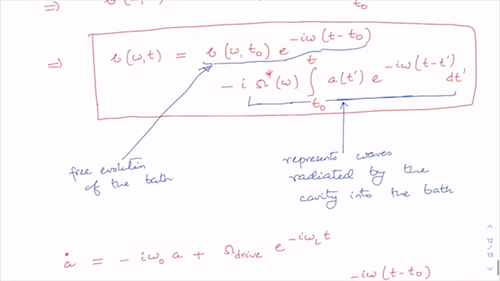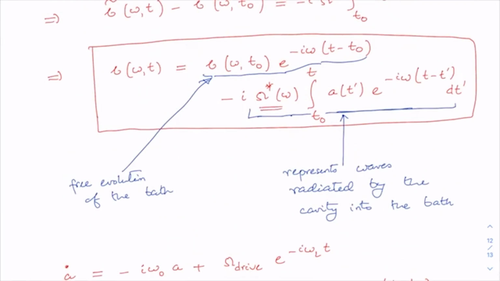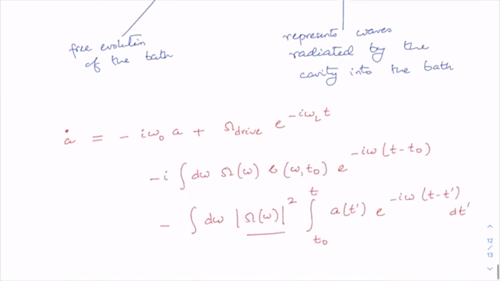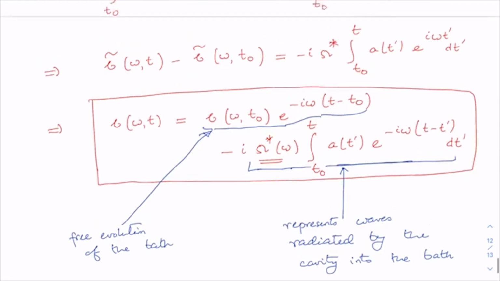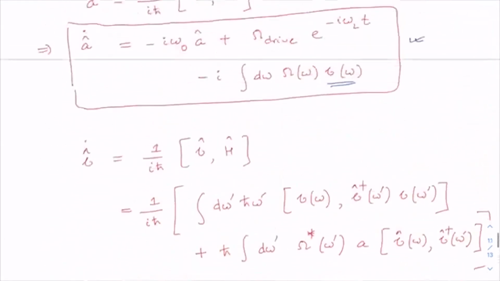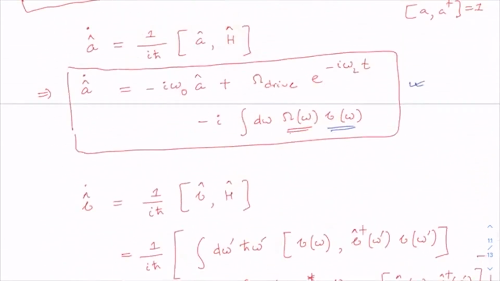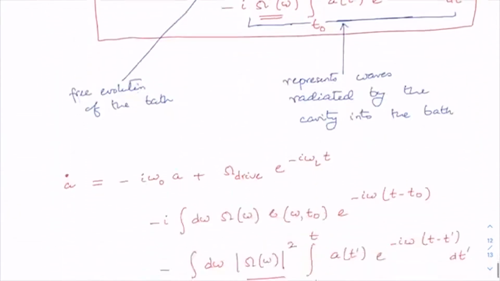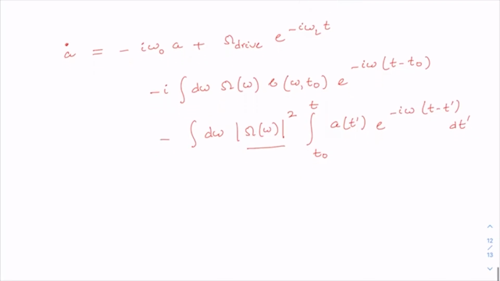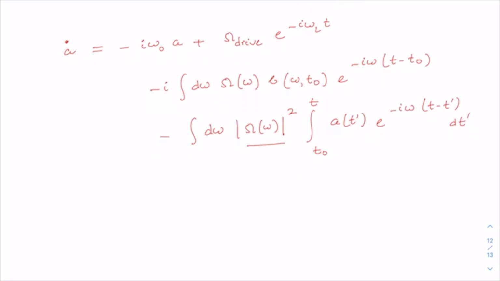Because in the second term we have that complex conjugate, that's why this mod of capital omega of omega square term is coming.